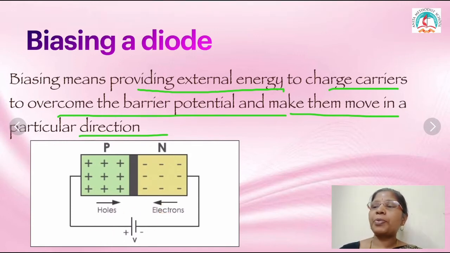The potential barrier that was produced earlier is overcome, so the holes are moved towards the junction. More holes cross the junction, and in the same way the electrons cross the junction. So to overcome the potential barrier, you give biasing to a diode.